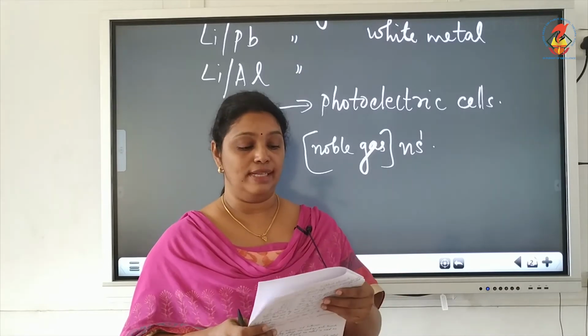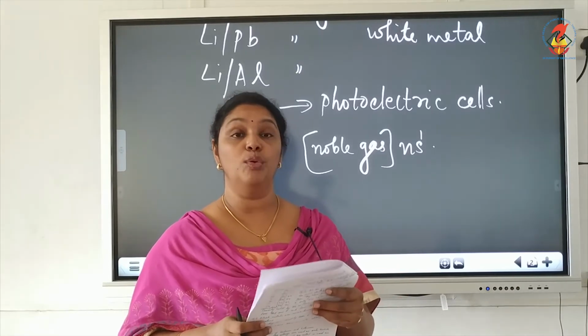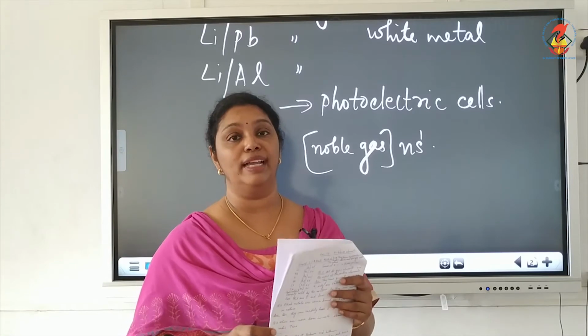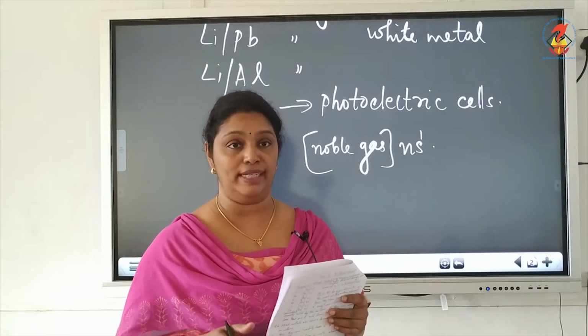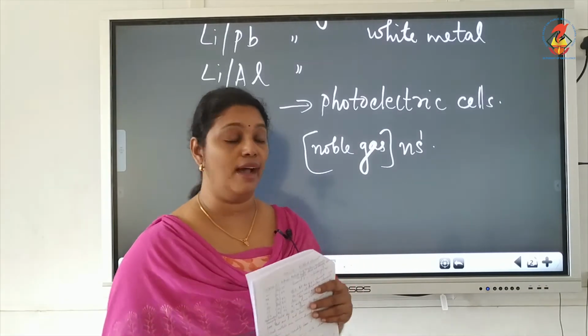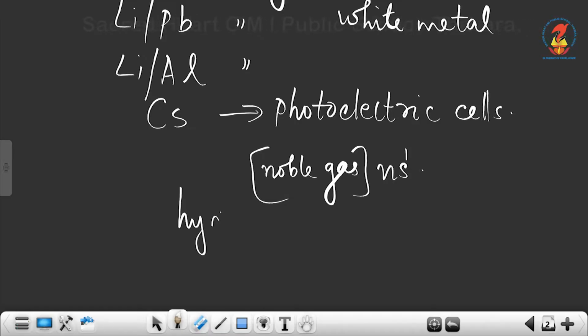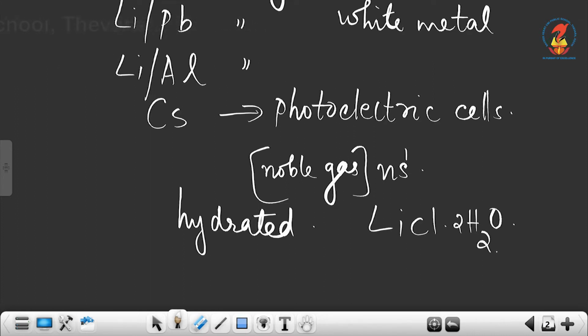Now, the next question is, lithium salts are mostly hydrated among alkali metals. So, if you take the alkali metals, that is group 1 metals, the lithium salts are mostly hydrated. Hydrated means they are always with water molecules, and this lithium salt, lithium chloride will exist as LiCl.2H2O, means that lithium chloride is associated with 2 water molecules.